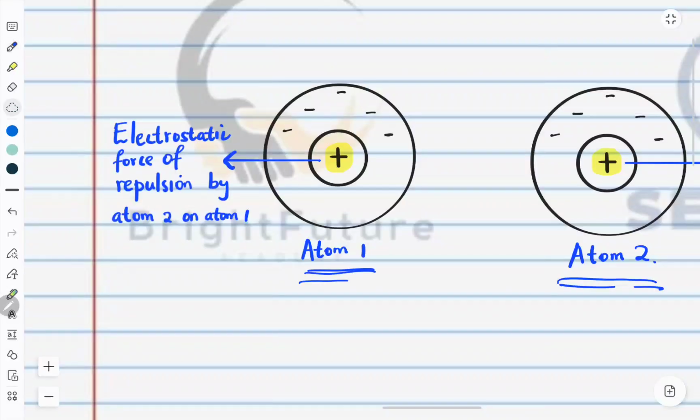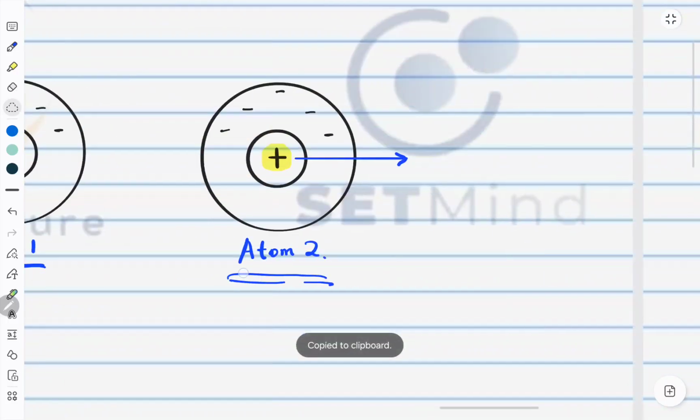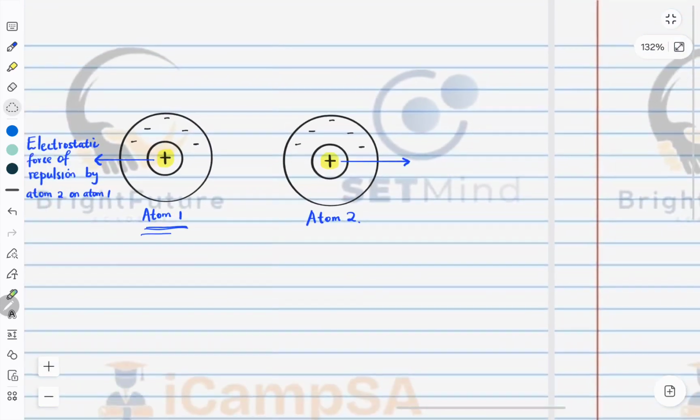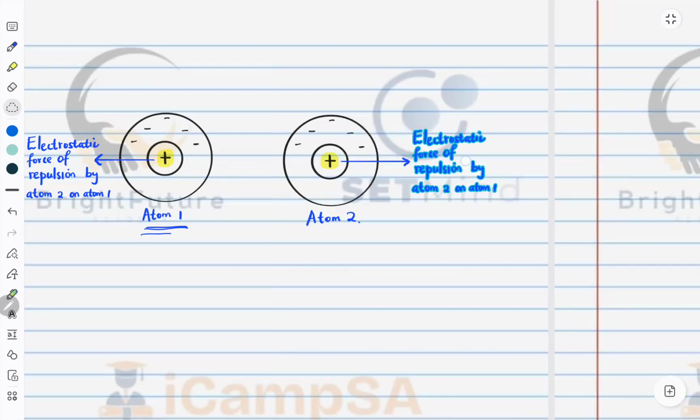We're not saying that the force exerted by these nuclei will necessarily be equal, but we are saying that it will be a reactive force. Let's put this one as well.